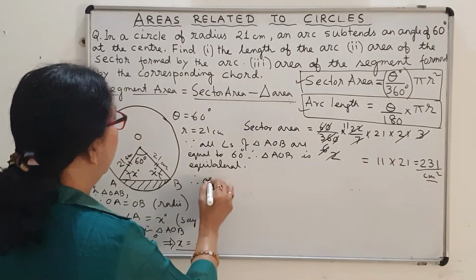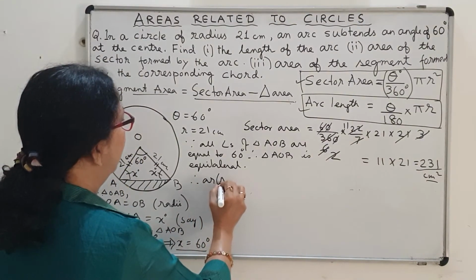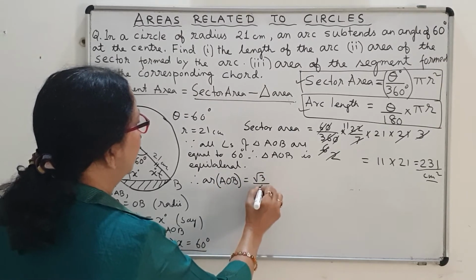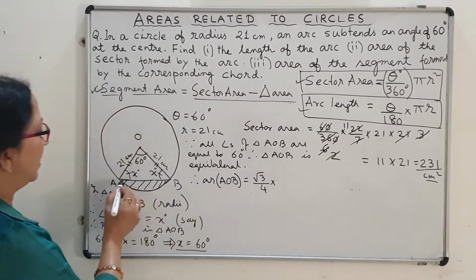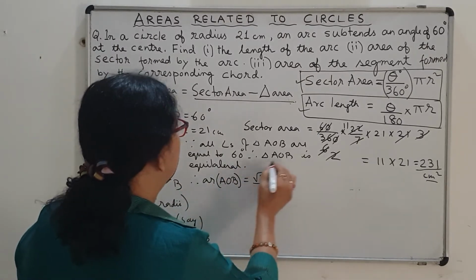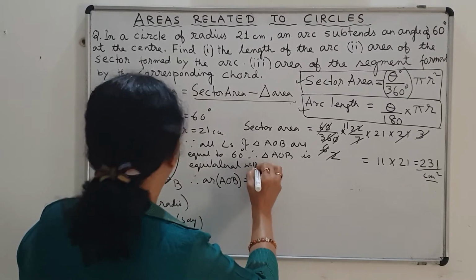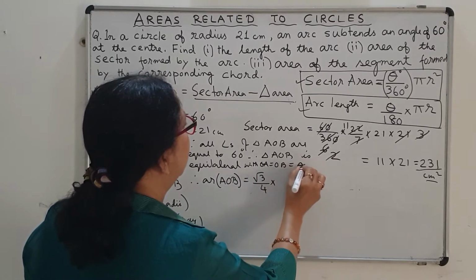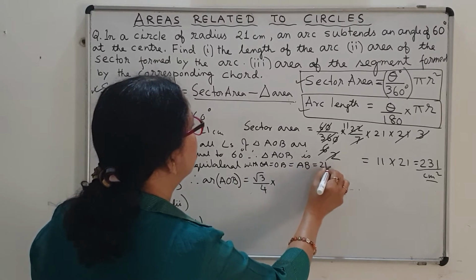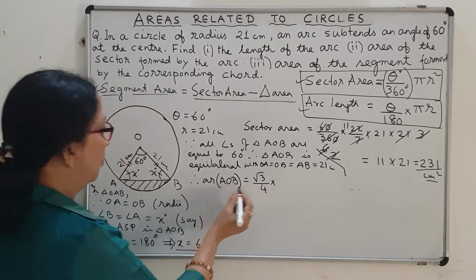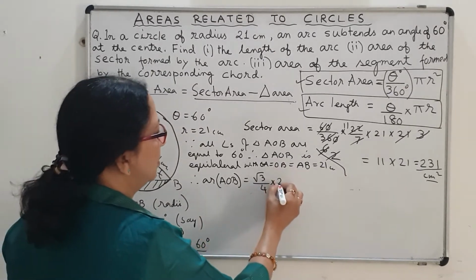Therefore, area of triangle AOB is equal to root 3 by 4 a square. What is a? Side is your 21. Let me write, OA is equal to OB is equal to AB is equal to 21 centimeter. So root 3 by 4 a square, that is 21 square.